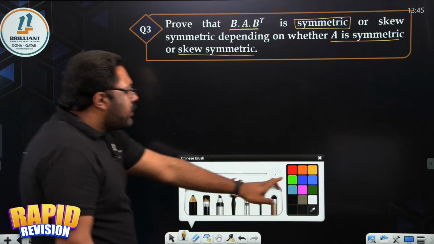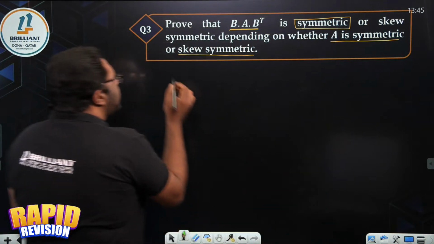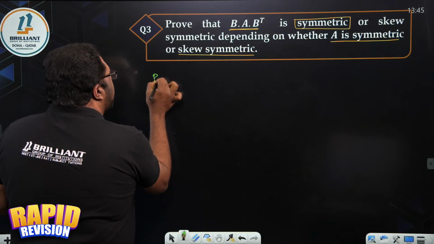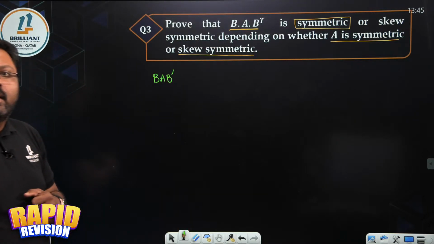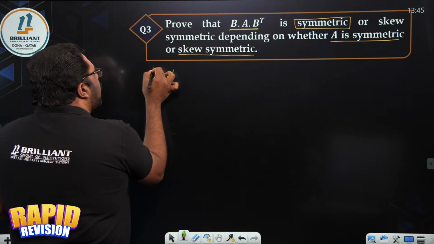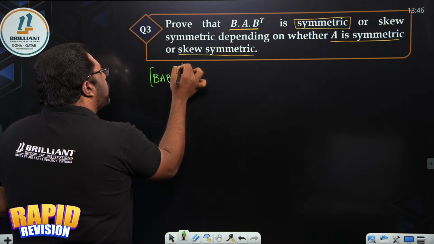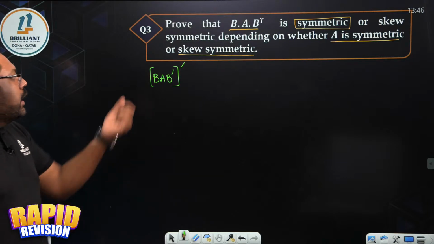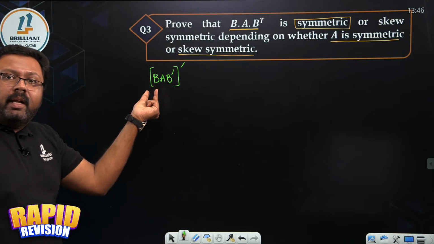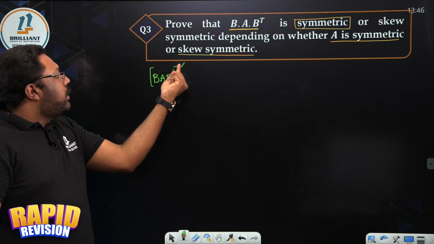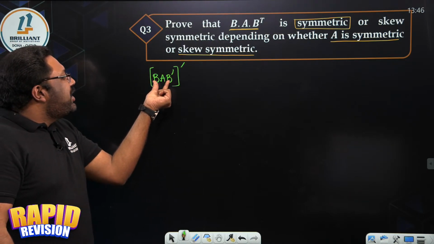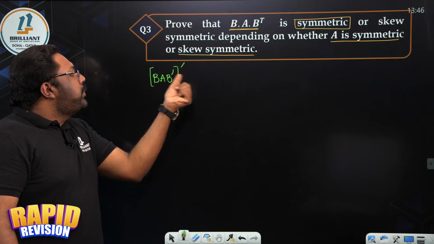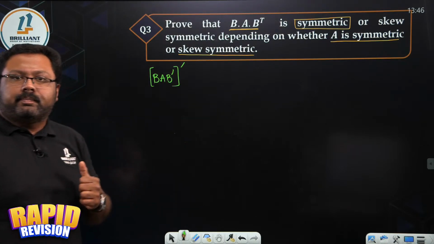Okay? Let's start with the question straight away. Let us consider BAB transpose, and I'm applying the whole transpose to it. What is the condition for symmetric? The matrix transpose is the matrix itself, and for skew symmetric, the matrix transpose is the negative of the matrix.